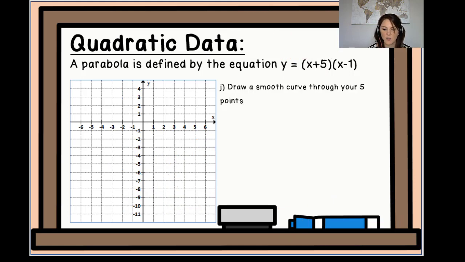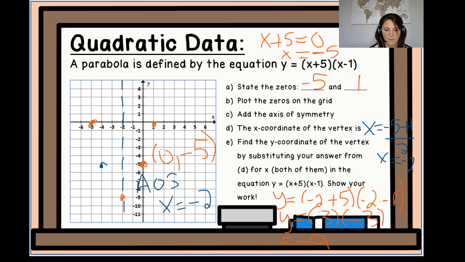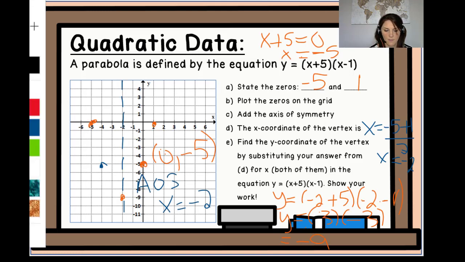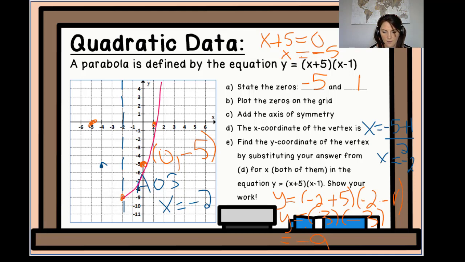The last thing we need to do is draw a smooth curve through our 5 points. Make sure that you extend your parabola all the way to the edge of your grid paper, all the way to the edge of your graph.